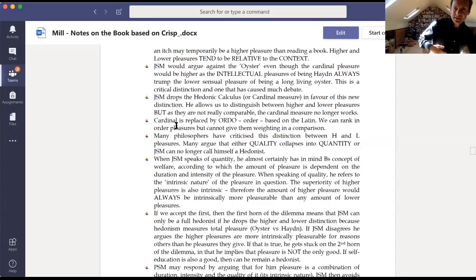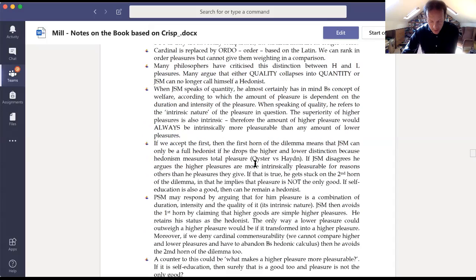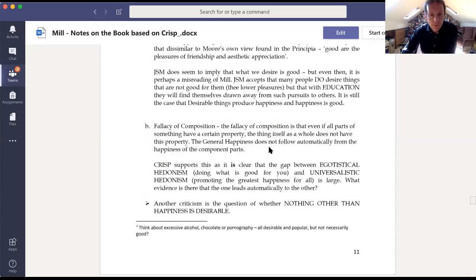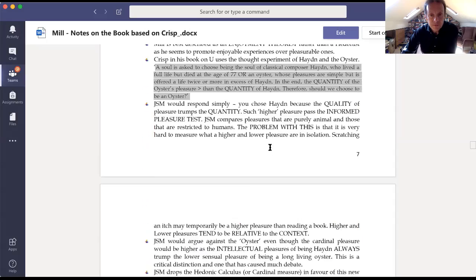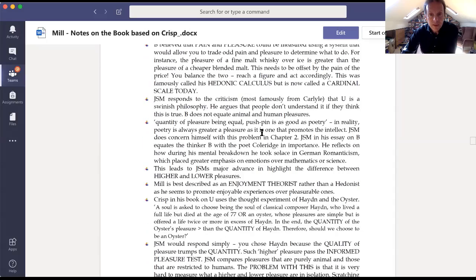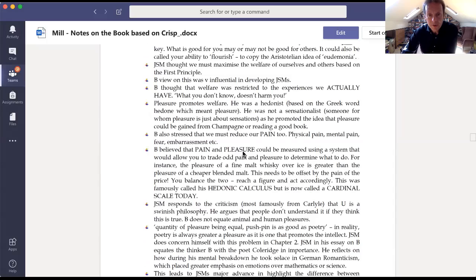So there's a sort of dilemma that's featured here that we need to just wrestle with and think a little bit about, and that's on page 7. So I'll just go back to that. It's outlined for you on page 7. This kind of dilemma between higher and lower pleasures there.